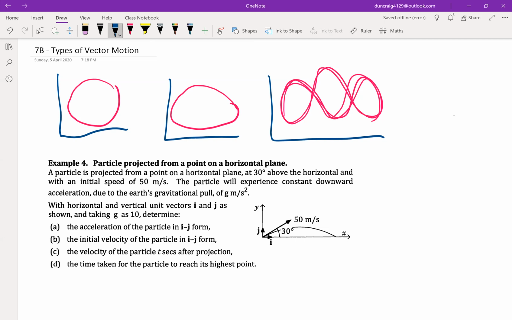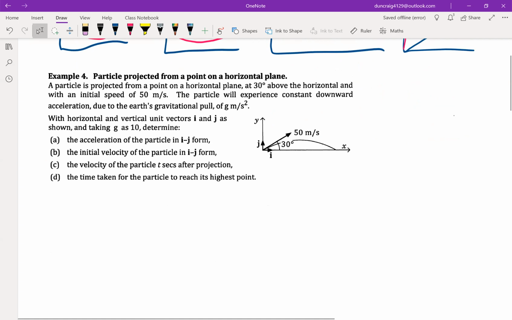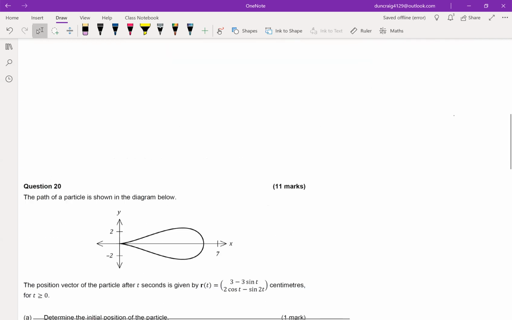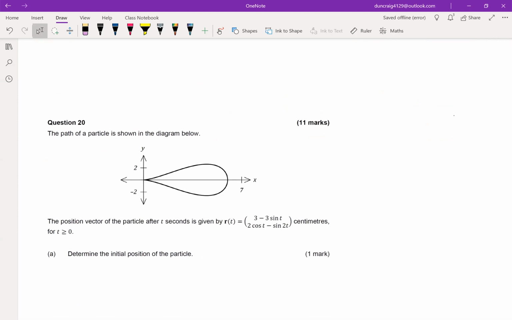That's a scenario where you've got an inclined plane like that, and then you project something up, and then it comes down, and you want to find out where it hits that plane. That's a little more complicated, so I'll do that in a separate video. So I'm just looking at a simple projectile motion question here, and then I'll do an exam style question where we have that particular type of motion.